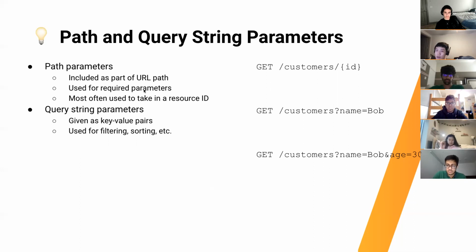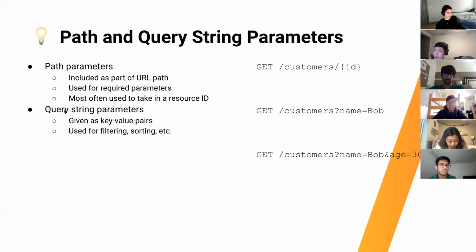One of the main use cases for path parameters is say you have a collection of customers, and you want to get one specific customer. Say the customer had ID 10. You would do GET customers/10, and then your backend code would be able to pick out this parameter and use it to query the database or wherever your customer is stored.